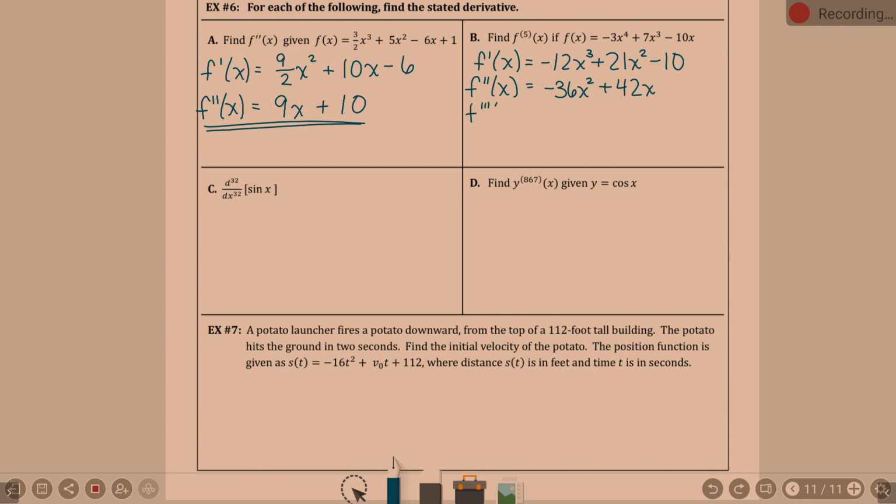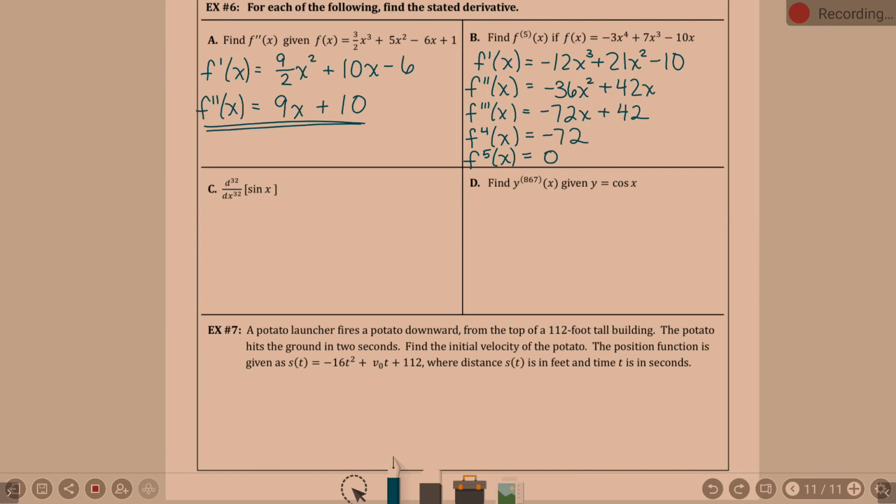Third derivative equals negative 72x plus 42. Fourth derivative: negative 72. So there is no fifth derivative. Fifth derivative is 0.